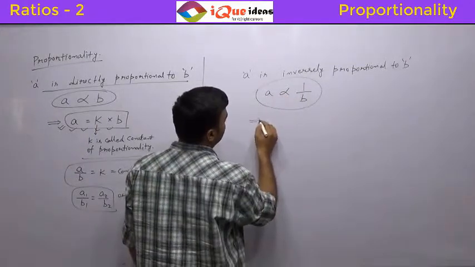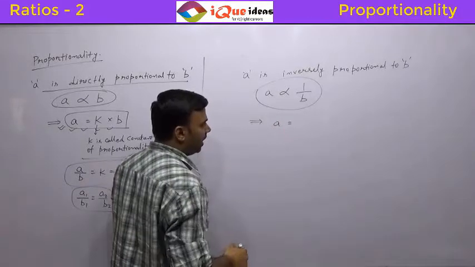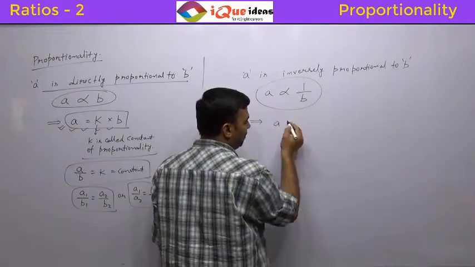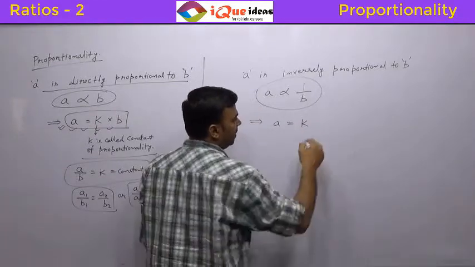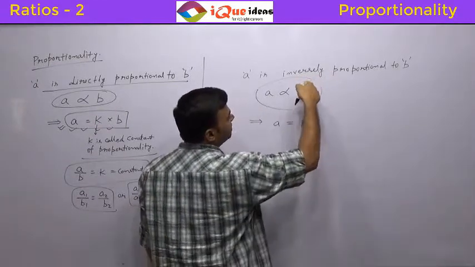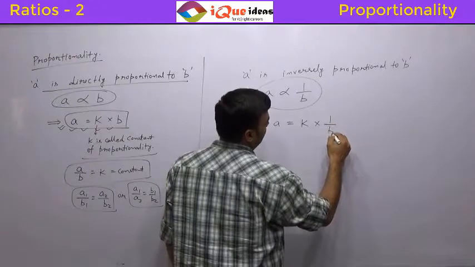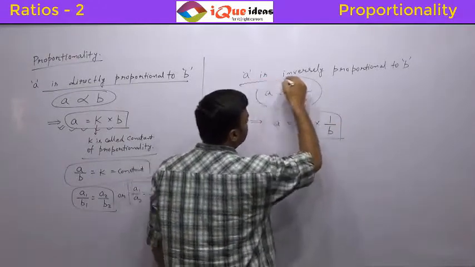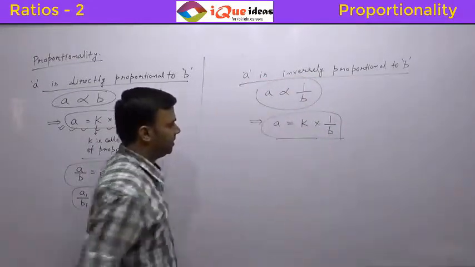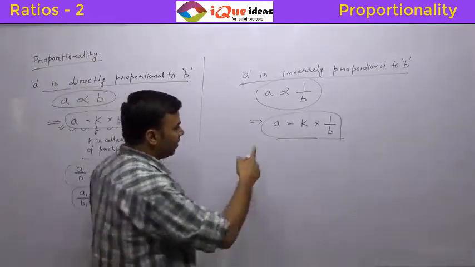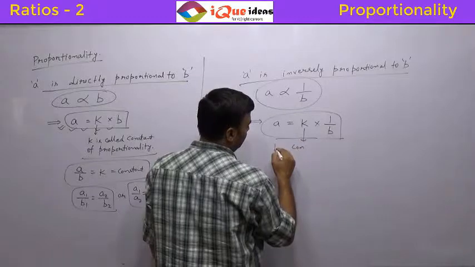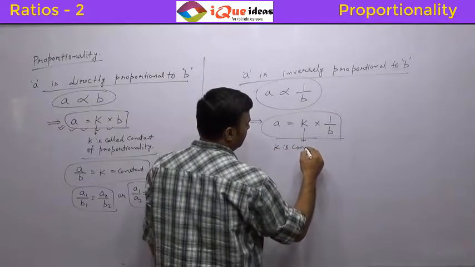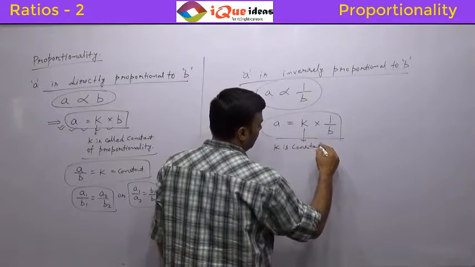We can directly say that A is equal to, if you want to remove this sign and take a mathematical relation, you have to assume a constant, let's say K, into, now inversely means 1 by B, so it is 1 by B. So just read this statement and formulate this relation. Here K is the constant of proportionality.